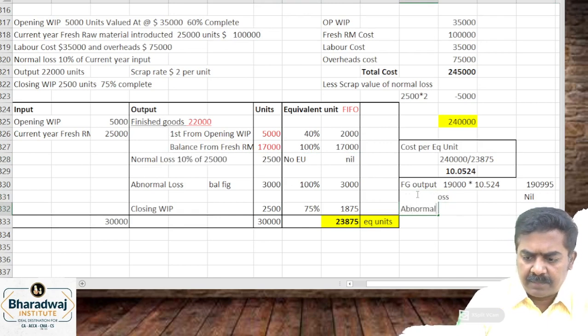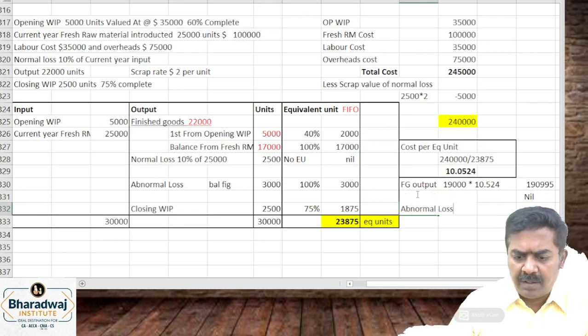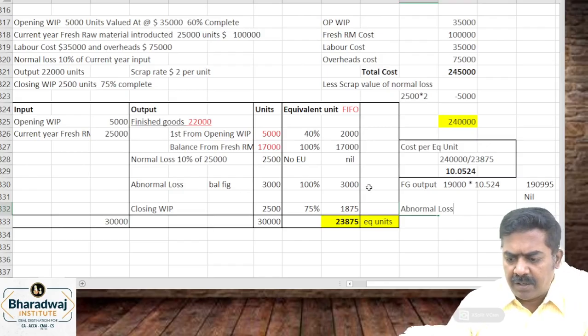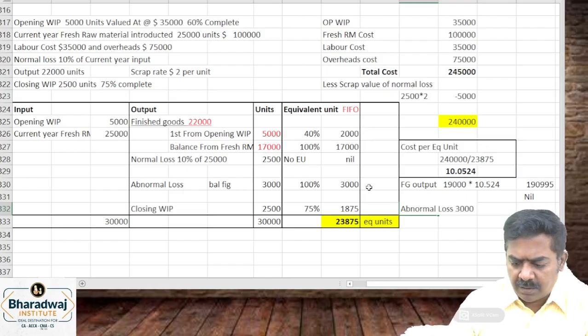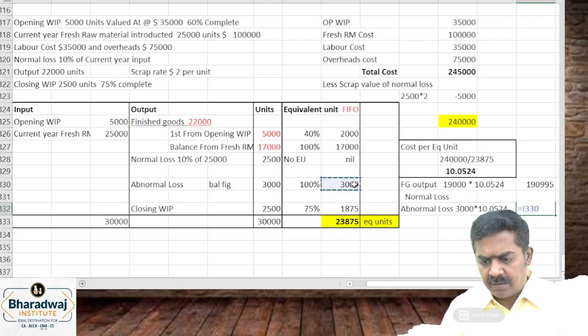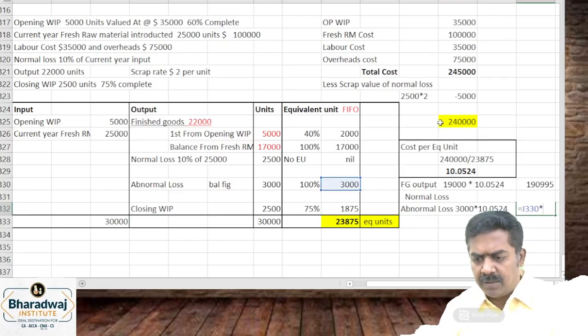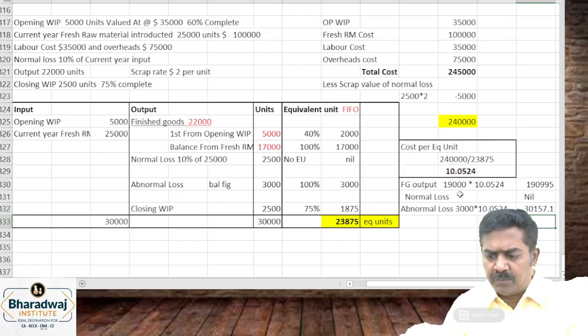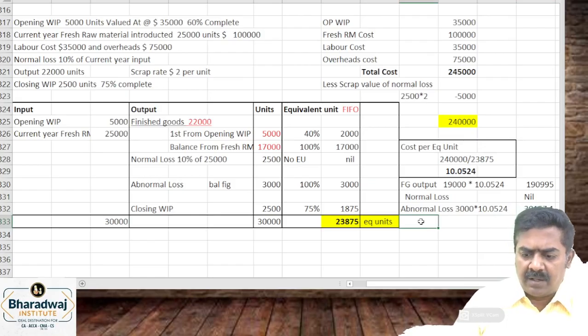Abnormal loss. What is equivalent unit? 3,000 into 10.0524. This 3,000 into 10.0524 is the cost for abnormal loss.